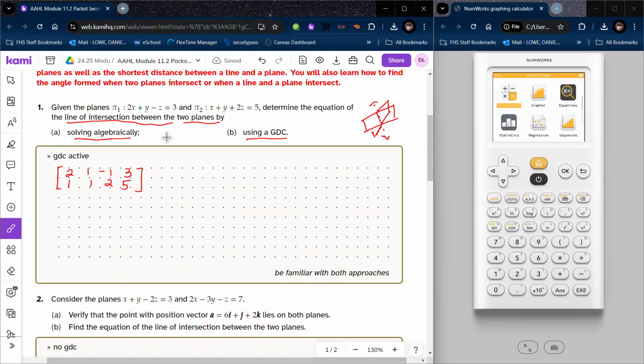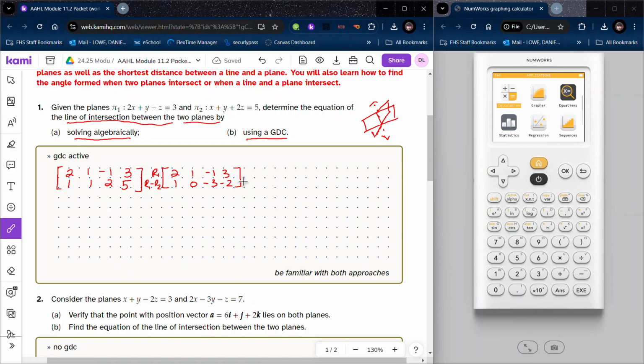If I keep row 1, but then subtract row 2 from row 1, so I say row 1 minus row 2, that's going to keep row 1 the same, 2, 1, negative 1, 3. And the subtraction will lead me to 1, 0. Negative 1 minus 2 is negative 3. 3 minus 5 is negative 2.